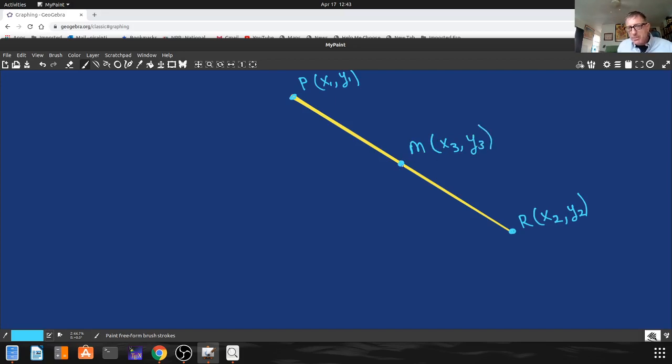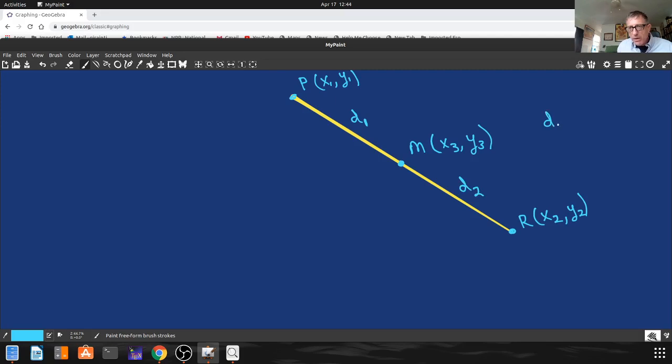And what makes this point special is that the distance between P and M, which I will indicate as D1, is exactly the same as the distance between M and R, which I will label as D2.